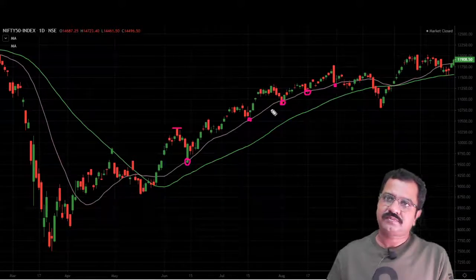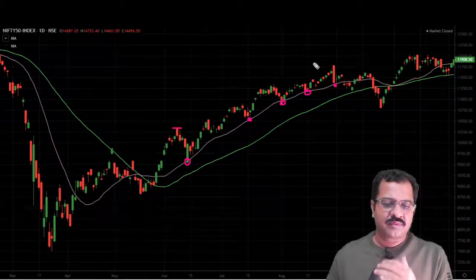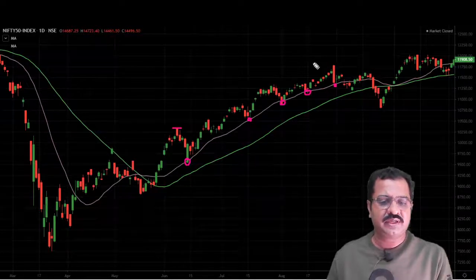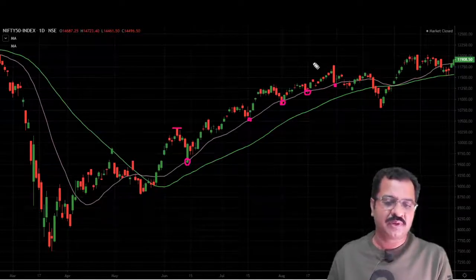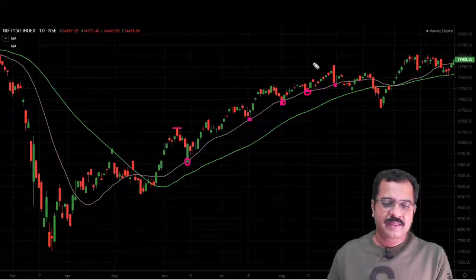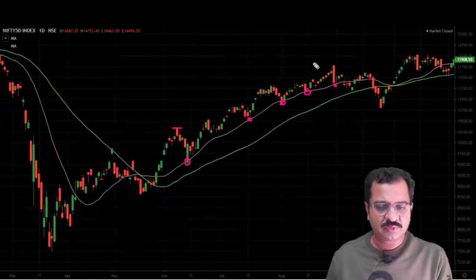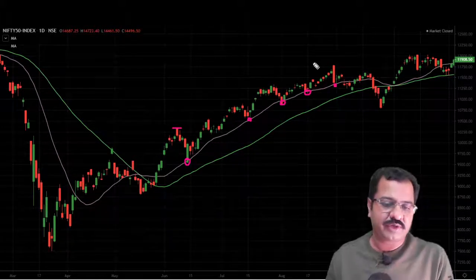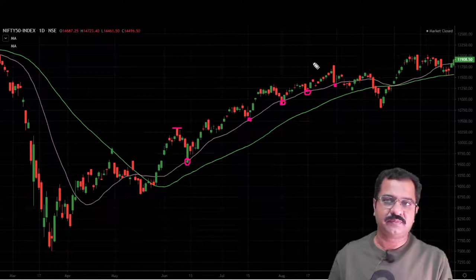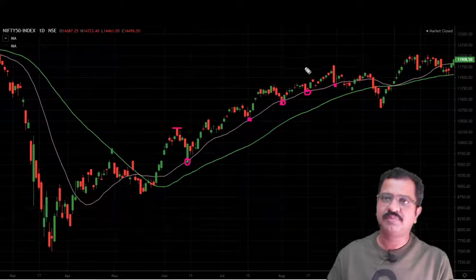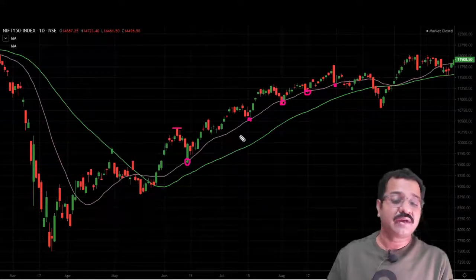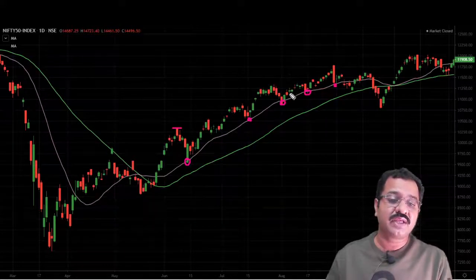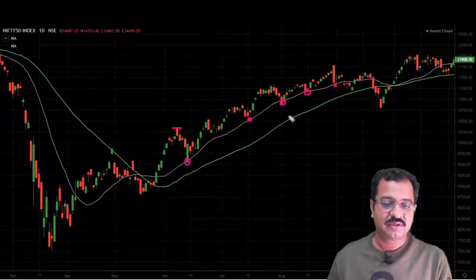Now for swing trading, many times what people do is they wait for this pullback and they enter the trade. So they need some reference point to enter the trade. Now in this case, if you can see, the 20 moving average is acting as a very good reference, right?